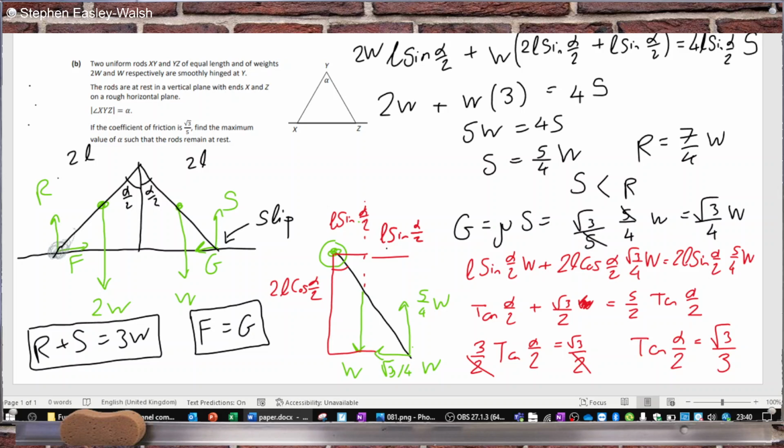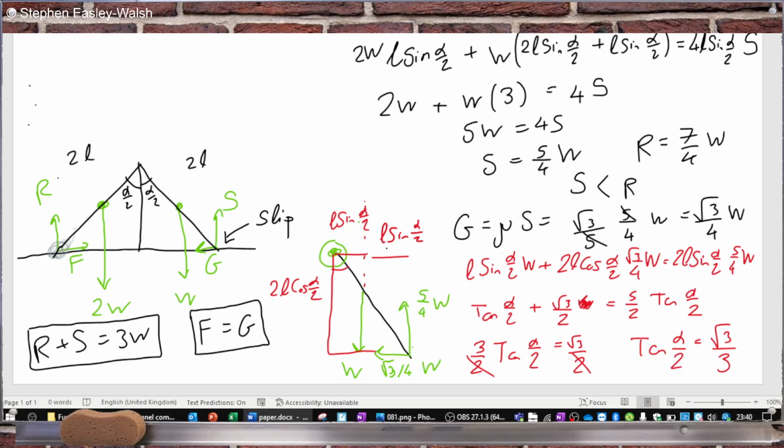That's looking really good. So now maybe I'll just make some space up the top here. So if I use the double angle formula, I can get tan alpha. So that means tan alpha is root 3. So that means the maximum alpha can be 60.